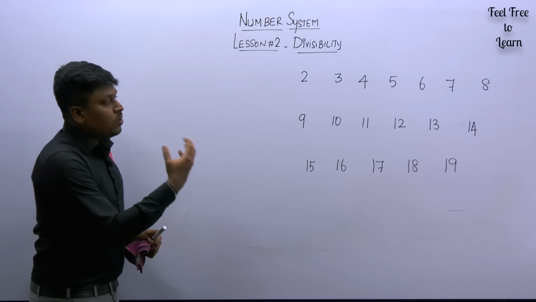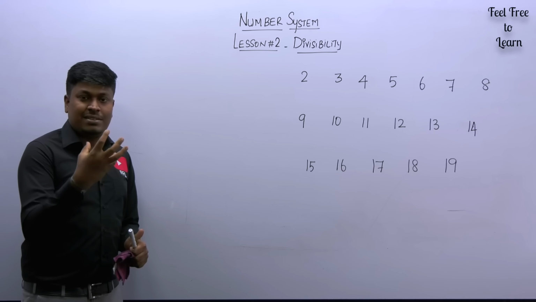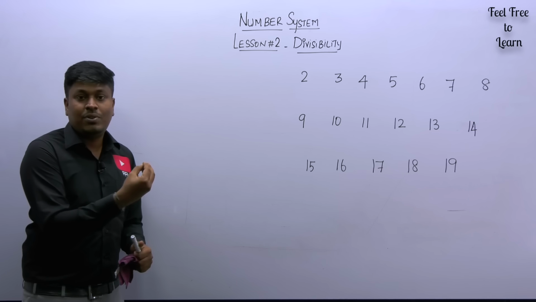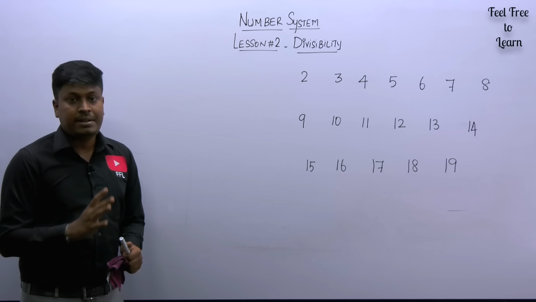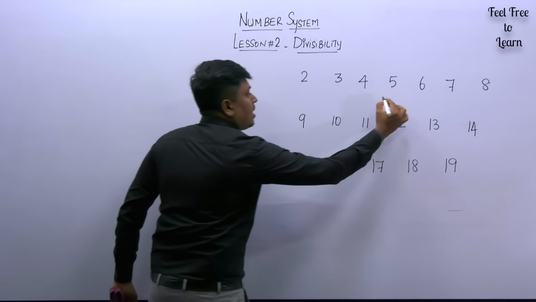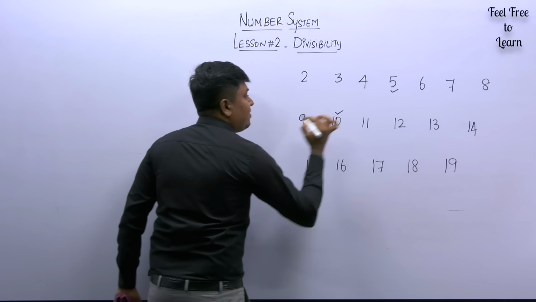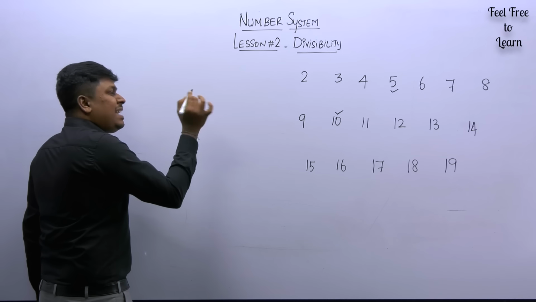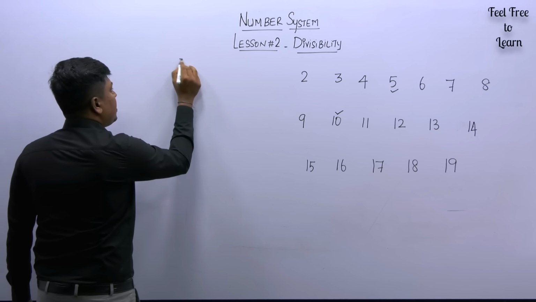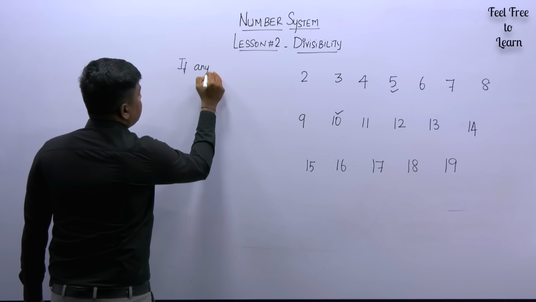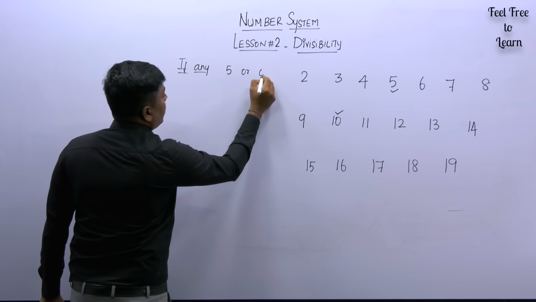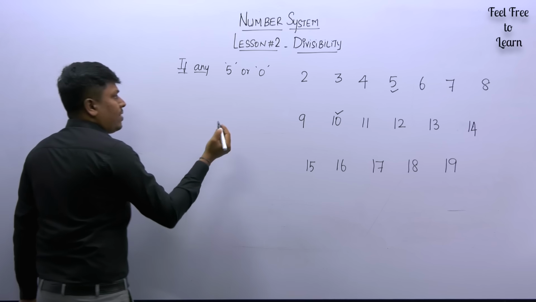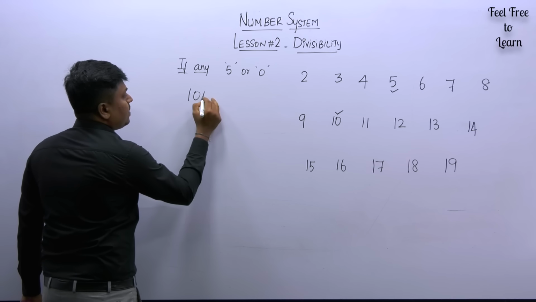Now let me move on to the divisibility rule. First, the numbers that are easy to learn are 5 and 10. Just see here, if any number ends with, that is, its last digit is either 5 or 0. For example, let me take 105.